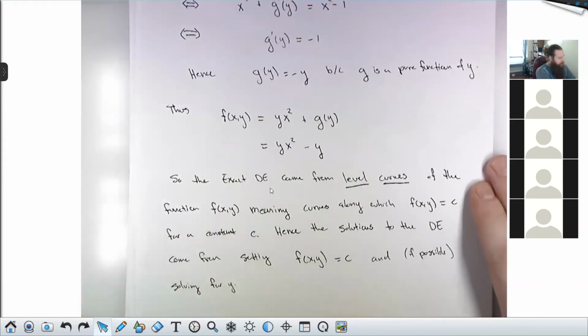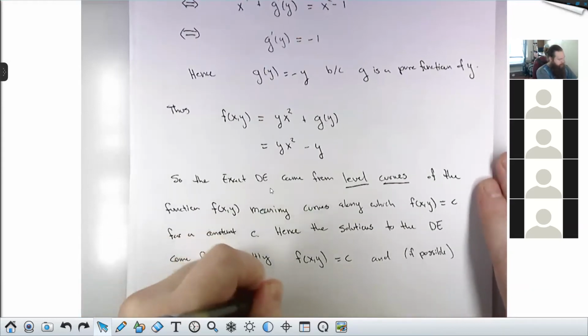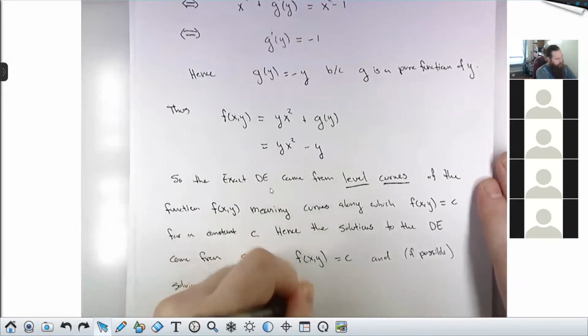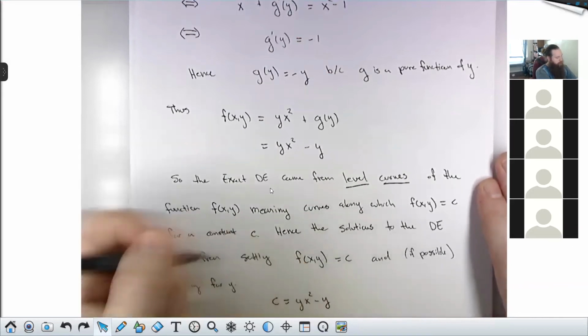And in this case, we can. So here we have c equals yx squared minus y.